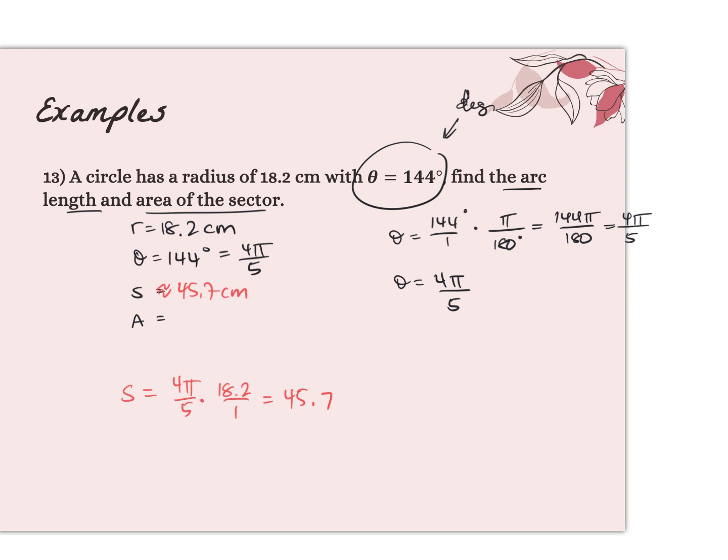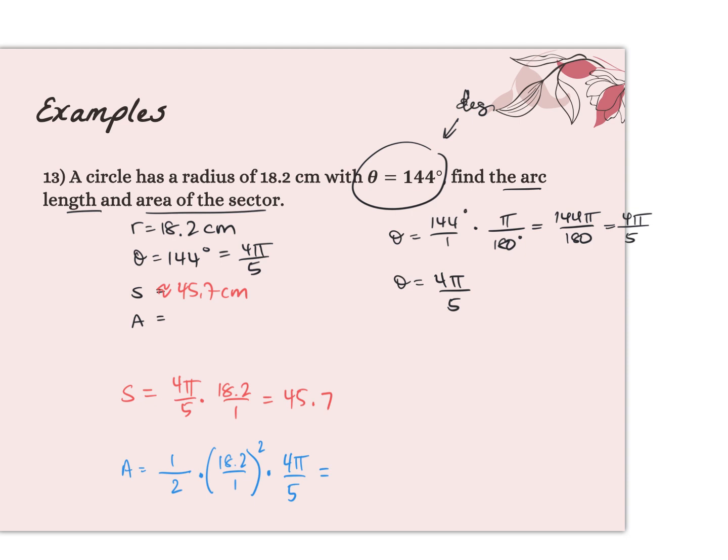And then the area is going to be the area formula. So again, the area formula is 1 over 2 times the radius squared times theta. And I have to do the math.